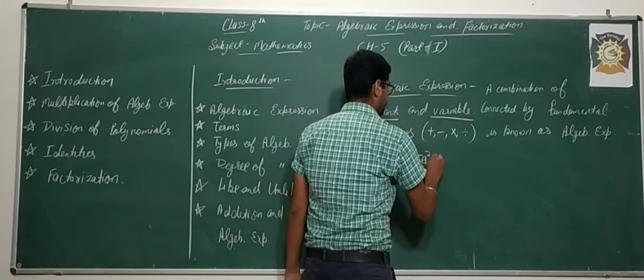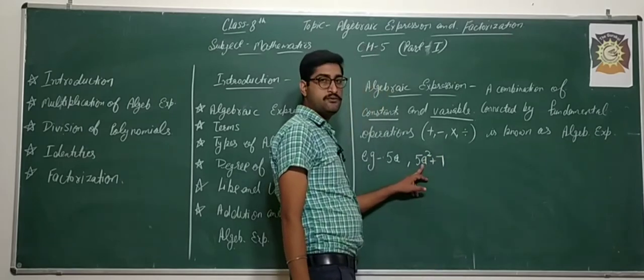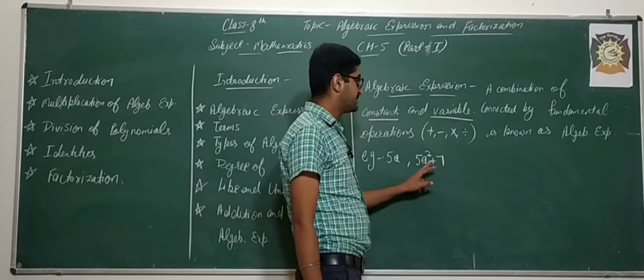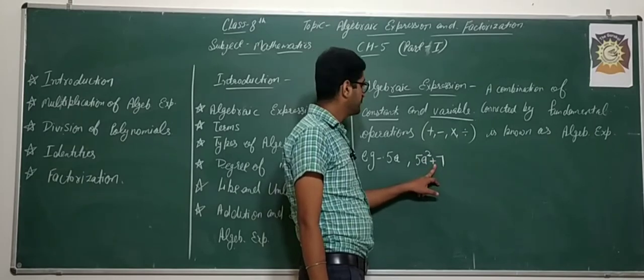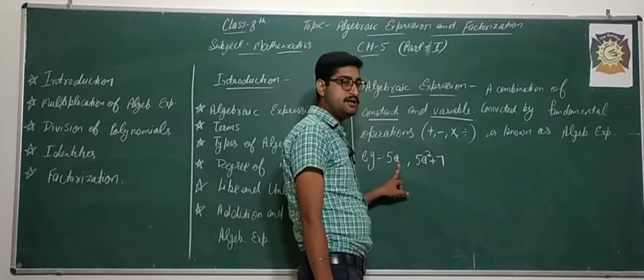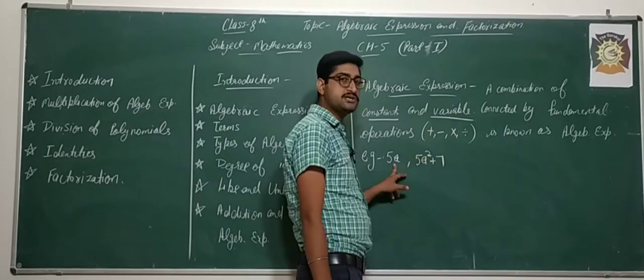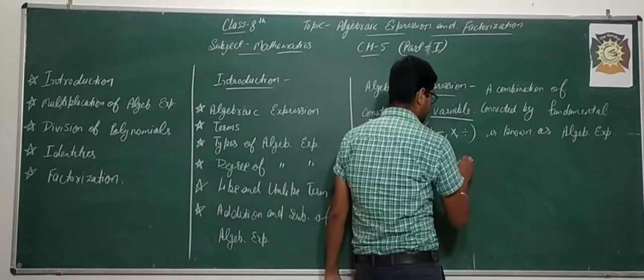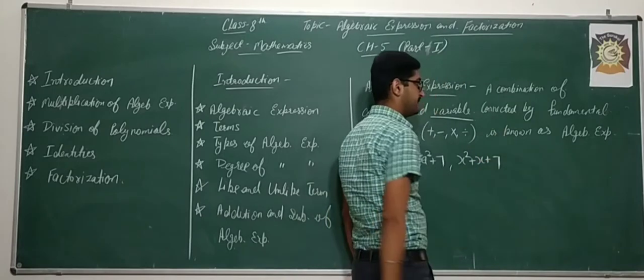5a square plus 7. Here you can see two terms are there and they are connected with each other by the plus sign. Here 5 is constant and a is variable, and they are connected with each other by the multiplication sign. After that you can see x square plus x plus 7.